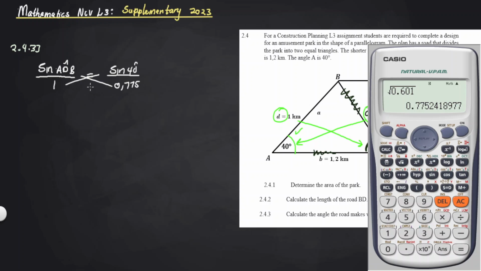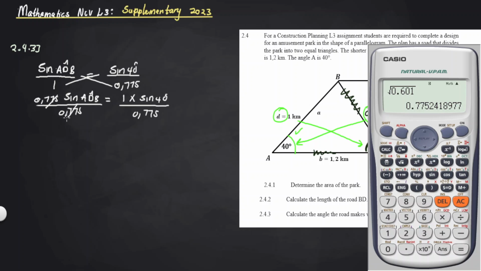We cross multiply, so sine ADB is equal to 1 multiplied by sine 40 degrees divided by 0.775.